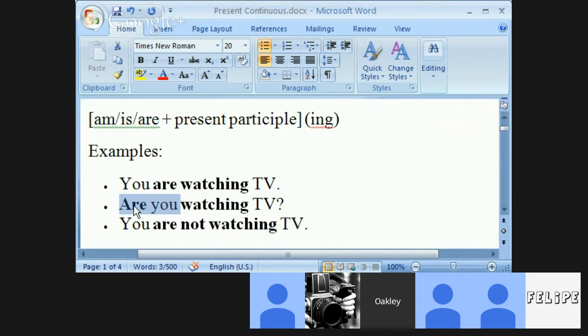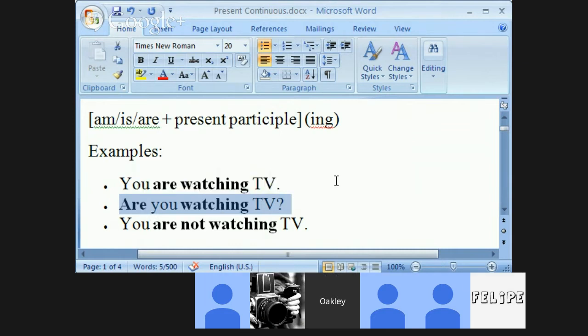Are you watching TV? We do this with all question forms. The first auxiliary is put in the front of the sentence. In simple present or simple past, where we don't have an auxiliary in a normal positive statement, we're going to use do. Do or did, past tense.